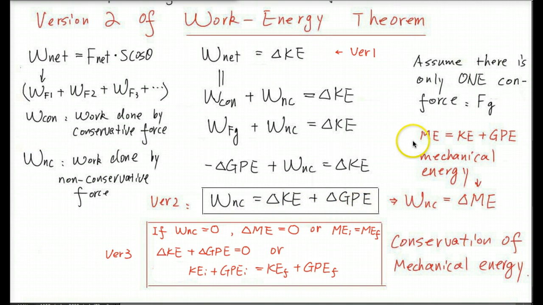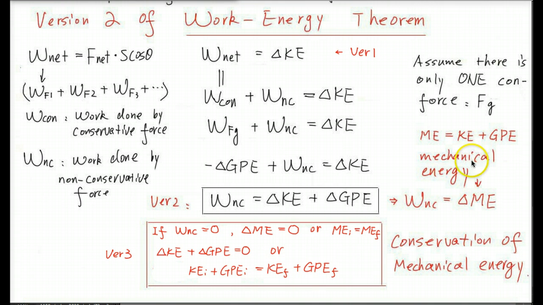The kinetic energy plus the gravitational potential energy together we call mechanical energy. Be aware that I only assume there's one conservative force; otherwise it should be KE plus PE. If there's only one conservative force, Fg, we can just use GPE to represent all the potential energy.